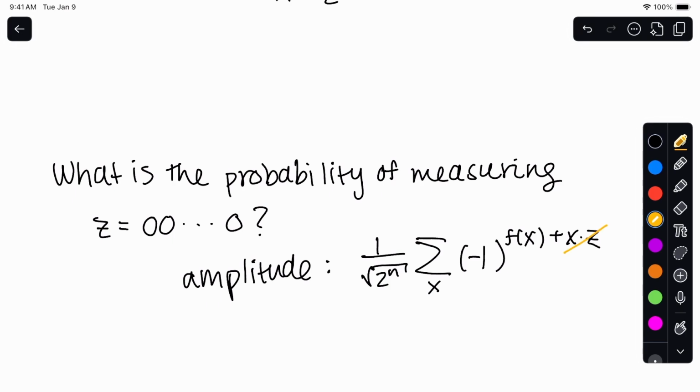But z is 0, so this term is going to vanish. And then we just have the sum over all the inputs, and then minus 1 raised to f of x.